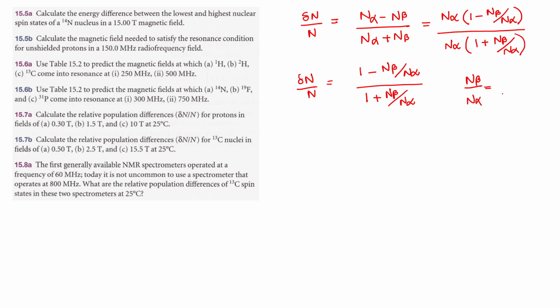So if the population is dependent on the Boltzmann distribution, it is proportional to exponential minus delta E by kBT, where kB is your Boltzmann constant, T is temperature, and delta E is the energy difference between beta and alpha, which we know, right?